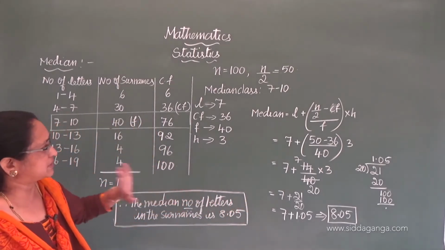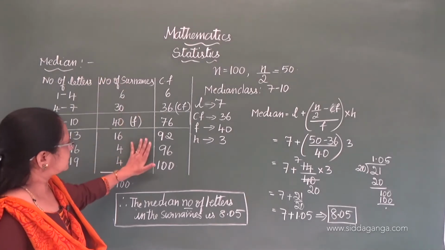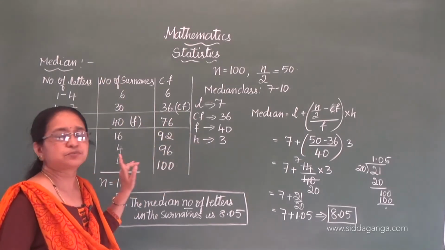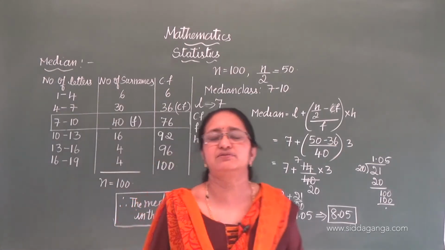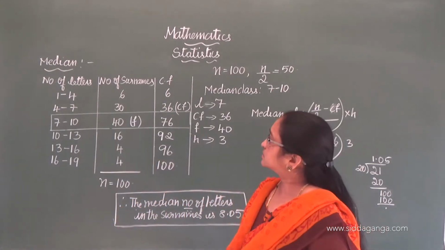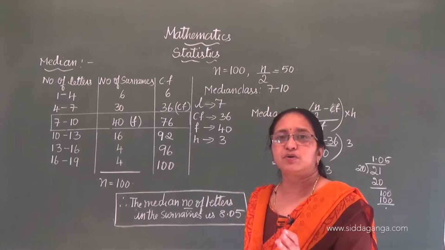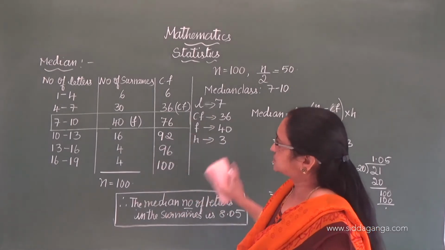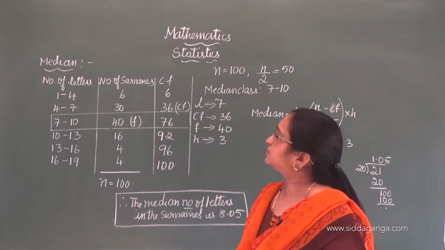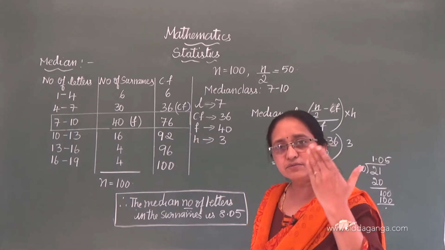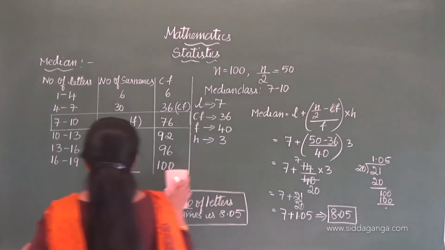My suggestion is, one table you have put for the median. Better not to use it again for the mean, because you will get confused with the cumulative frequency. So better to put one more column. Finish this completely, then put the heading mean on the next side and add one more column. But I am going to use this.